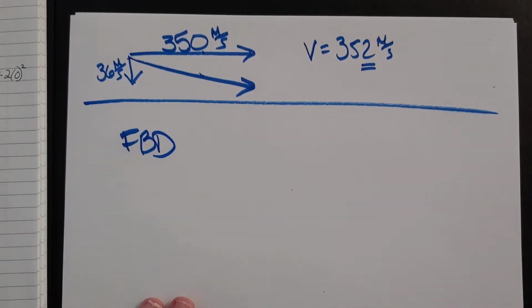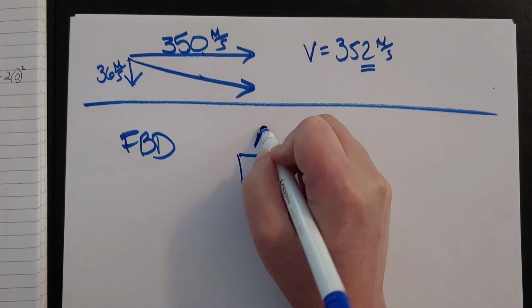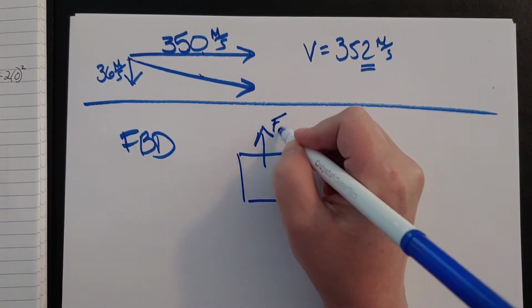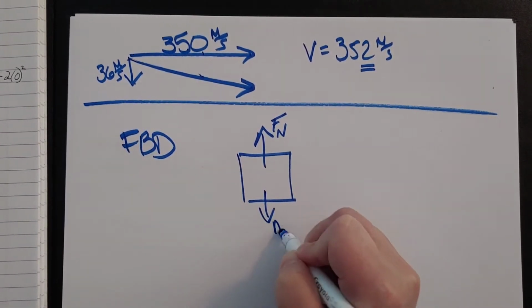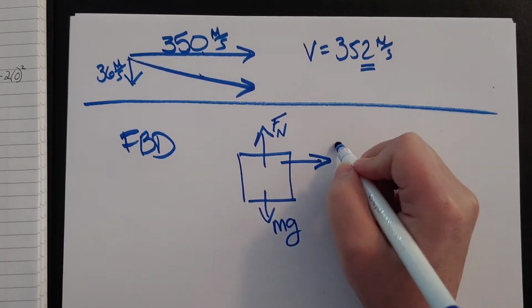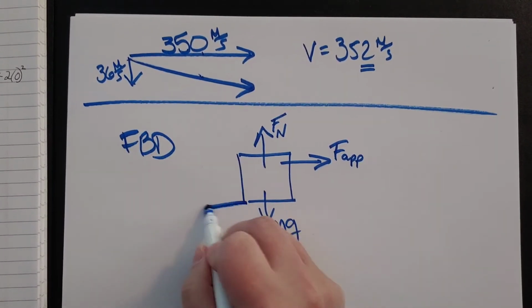When doing a free body diagram, you only use variables in a free body diagram. So this is the normal force. This is mg. Let's say this thing's getting pushed. Call that F applied or F push or something. Maybe it has friction.